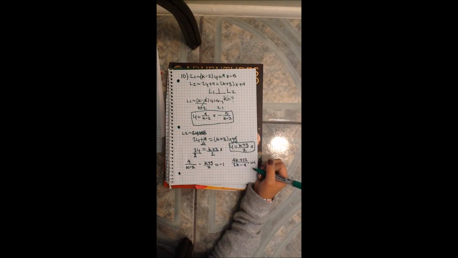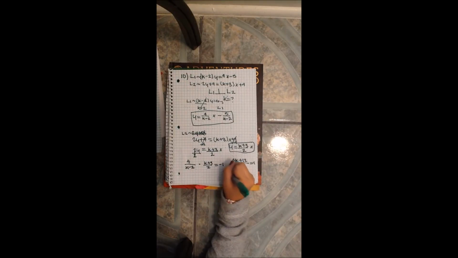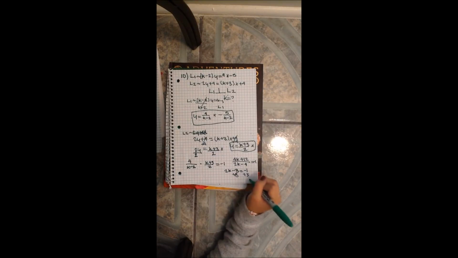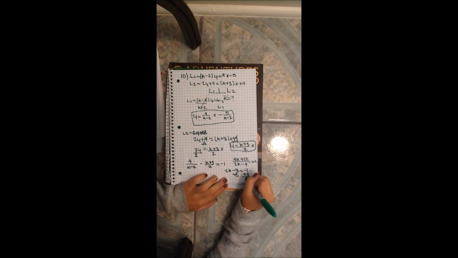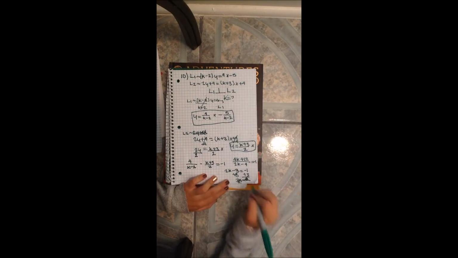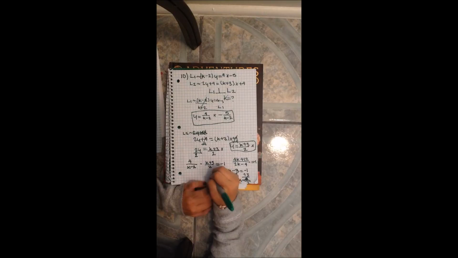And this can be simplified to 2k minus 3 equals negative 1. So we have to get rid of our 3, so plus 3 and plus 3 on the other side. So it would be 2 equals 2k. Divide this by 2 and divide 2 by 2, so k equals 1.